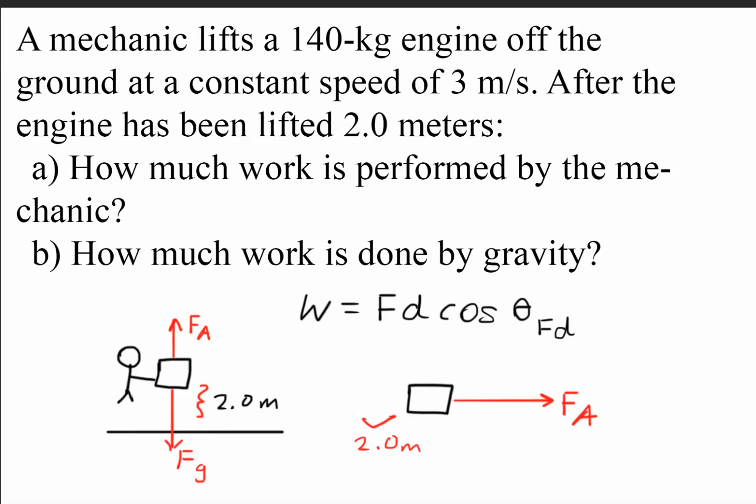And since they're both in the same direction, because the displacement vector is going upwards, as you can see, and the applied force is also going upwards, they're in the same direction. So this is a 0 degree angle. Now cosine of 0 is just 1.